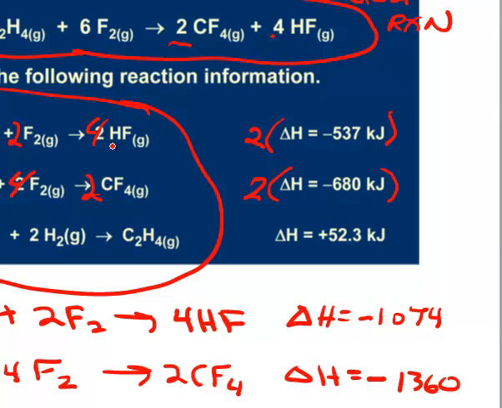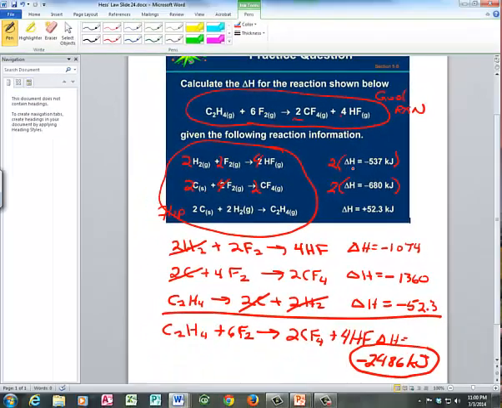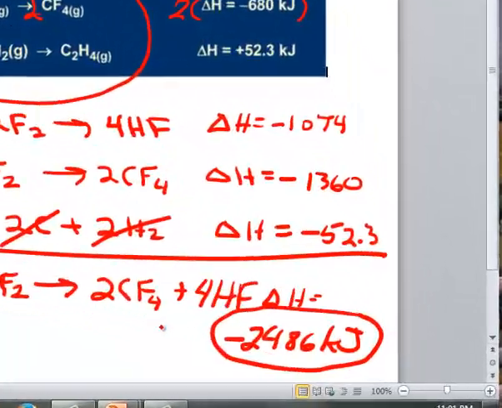In this case, it was 2. Don't forget that if you multiply a reaction by 2, you multiply the delta H by 2. You do the same thing to the delta H that you did to the path reaction. Cancel what you can, add everything up, and if it equals your target reaction, just add up your delta H's, and there you go.